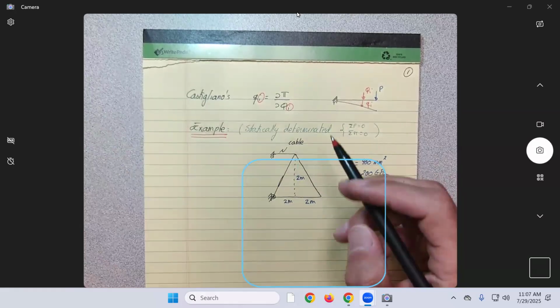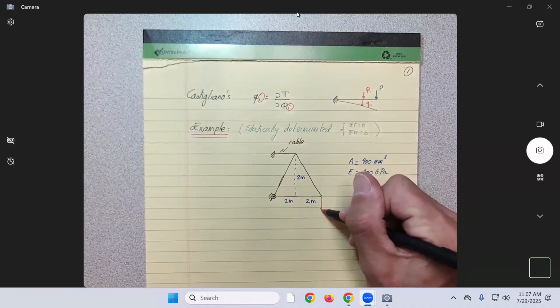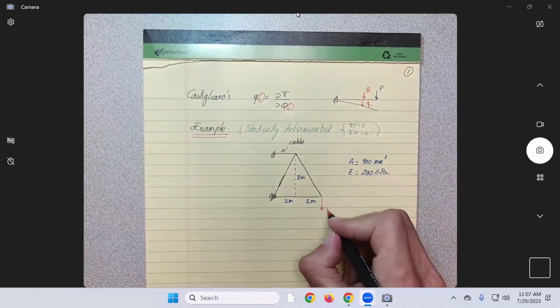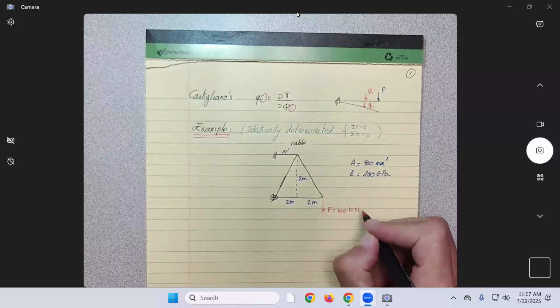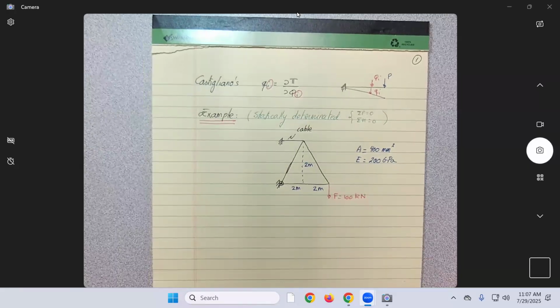Okay, and we have a force of F equal to 100 kilonewtons.